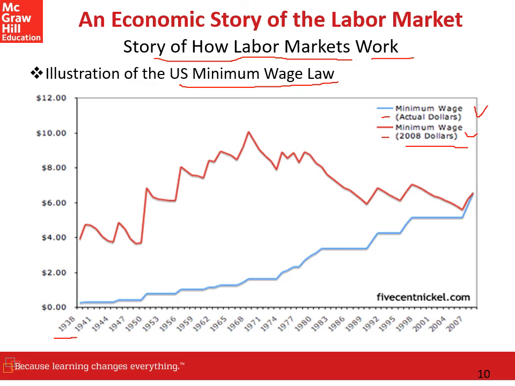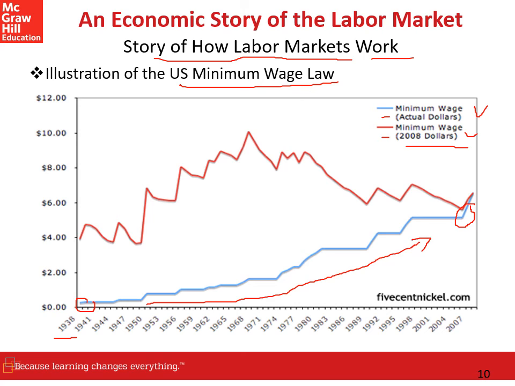We can see that the minimum wage in actual dollars in 1938 was about $1 an hour, and this minimum wage gradually increases over time, all the way up to $7.25 right now.